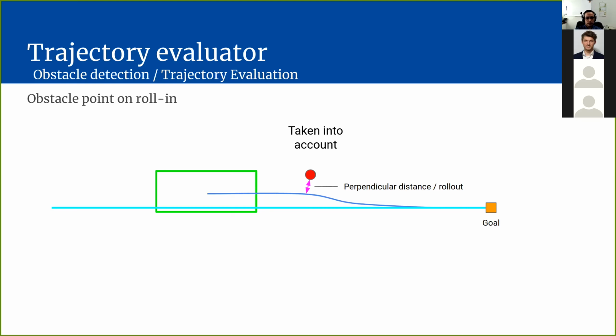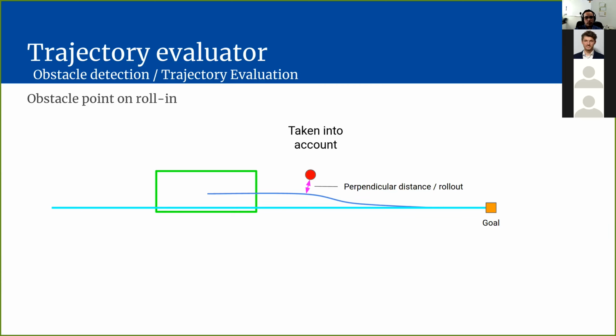In OP1, when I did it, this was not taken into account on the rollout, meaning that if we went out of the lane and then went back, following the roll-in into the road, we could hit an obstacle.